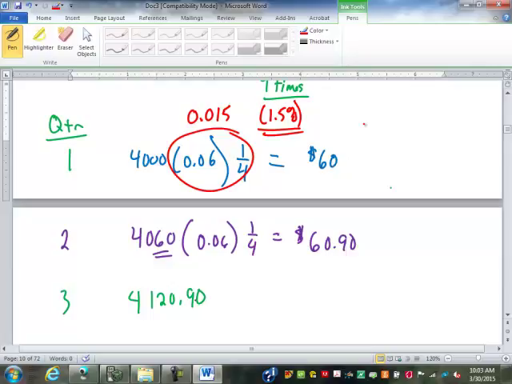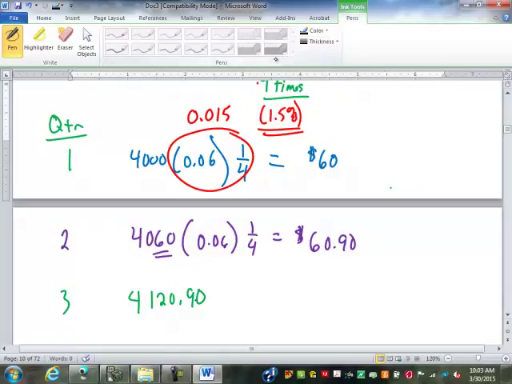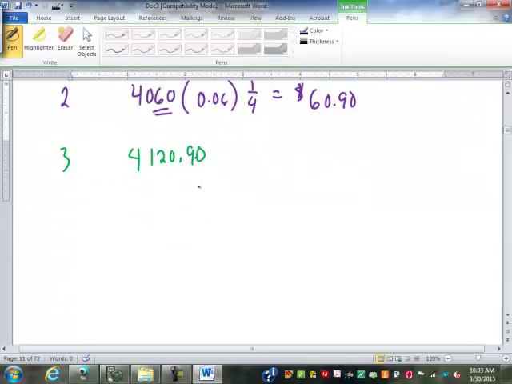So what we're really doing is we're looking at 1.5% every quarter. Now, we talked briefly about percent increase or decrease. We could find the 1.5% and add it on, or we could just find 101.5%. That would be the full amount, the 100% plus 1.5%. Make sense?